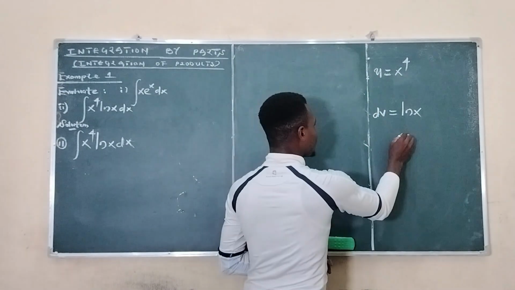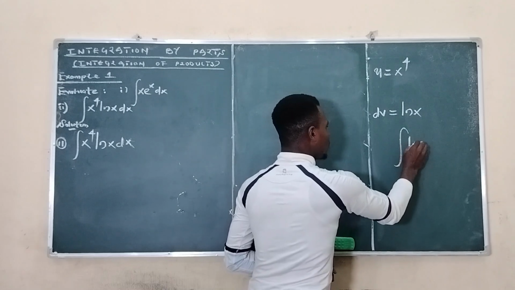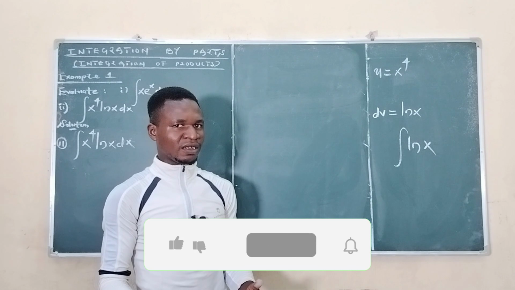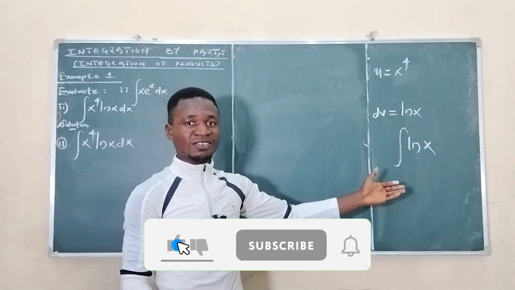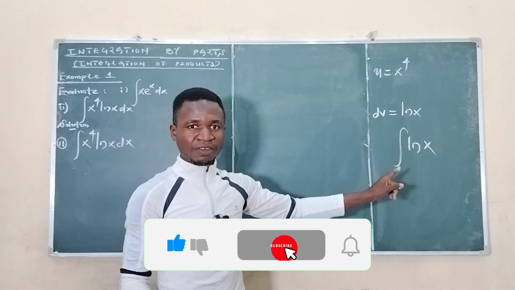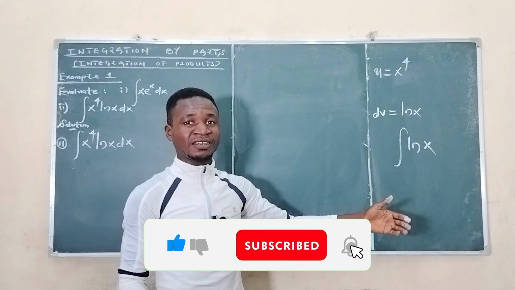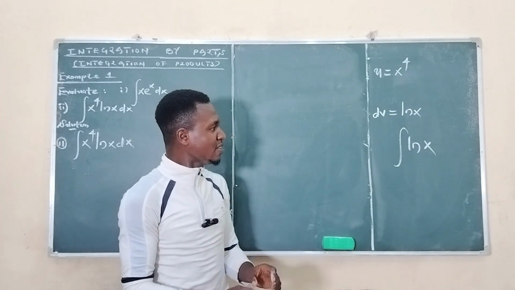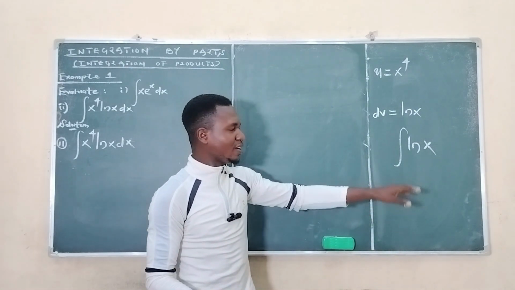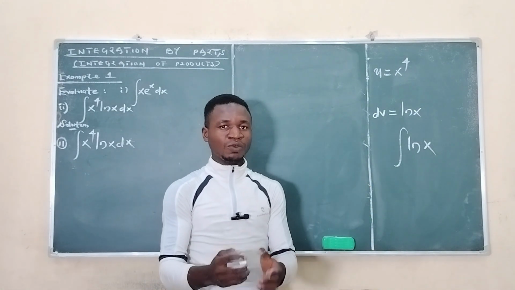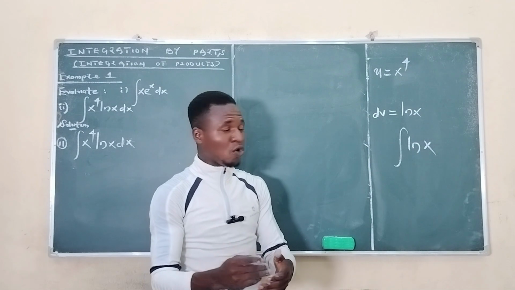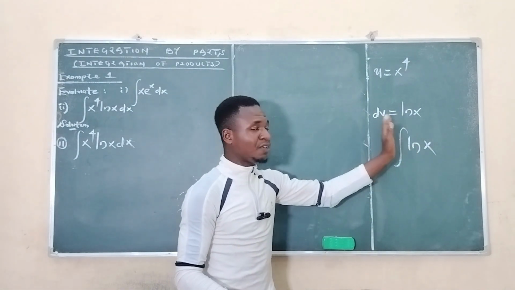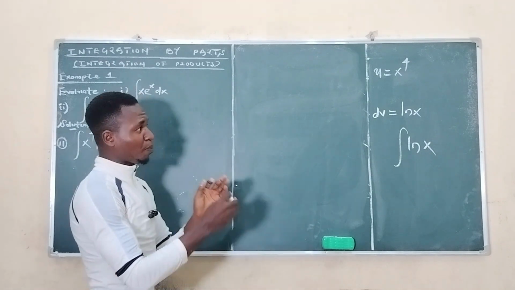Remember that if we try to integrate the natural logarithm of x, you might not really get a result, because there is no standard integral for the log of a given function, but there is a standard result for the derivative of the log of that function. So since you cannot get the result for integrating the natural logarithm of x, what do we do? We change over by giving u the log of x and v the power of x.